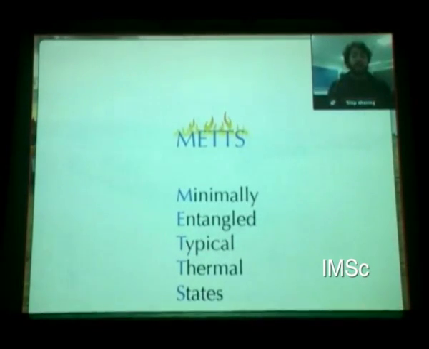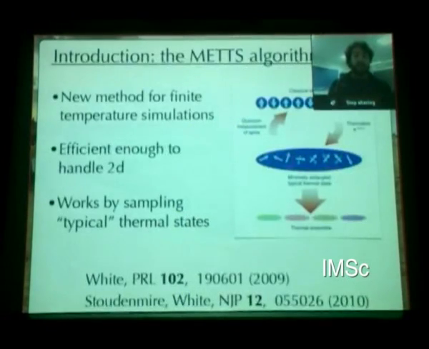METTS is an acronym that stands for minimally entangled typical thermal states. This was come up with by Steve White in 2009, and you can read about it in his Physical Review Letters article, but I'll tell you the details today. By way of introduction, this is a method for doing finite temperature simulations, and it's very efficient. It solves many of the efficiency issues that were present in attempts to do finite temperature DMRG.